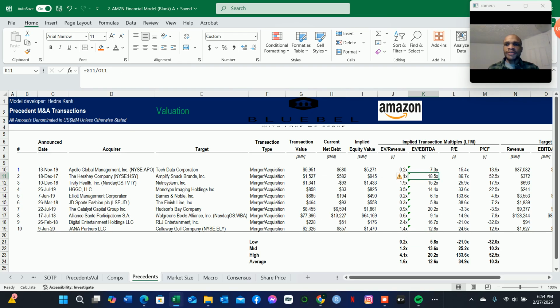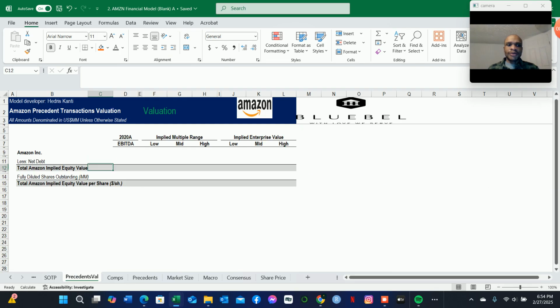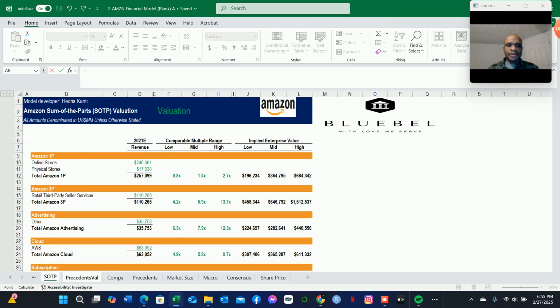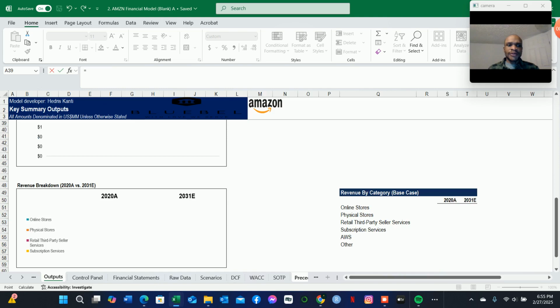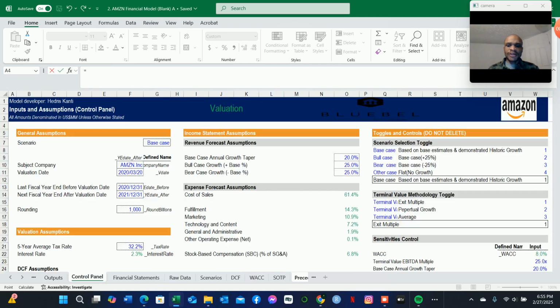So in this case, we will set this to be, we're going to use the EV to EBITDA multiple. So in this case, we will flip back to where we have this summary for the precedent transactions, and we can go to the financial model and grab earnings before interest, taxes, depreciation, and amortization.